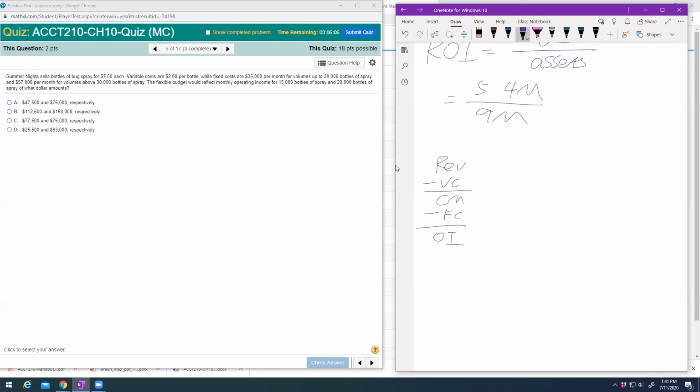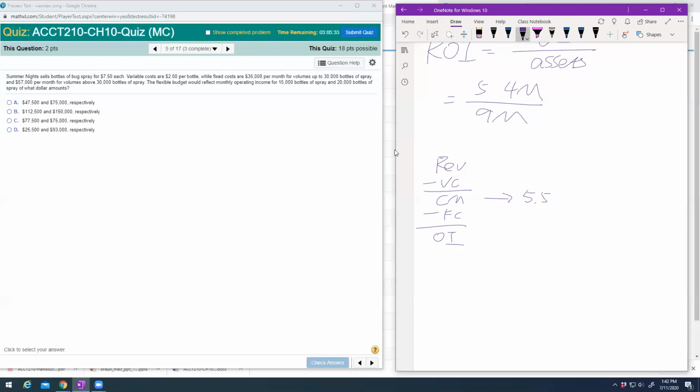Your selling price is 7.5 each, variable cost is 2, so contribution margin is 5.5 each. For fixed cost, when you have 15,000 and 20,000, they are both below the 30,000 cutoff.